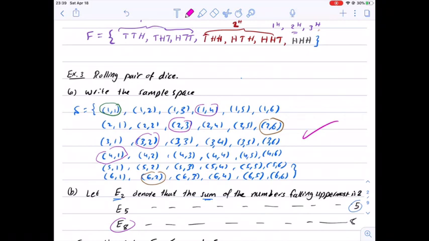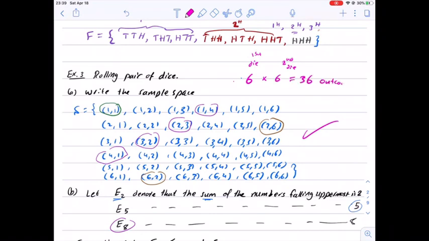There are 36, because if you remember from the mathematical counting principle, the first step or task can occur in 6 ways, because we roll the first die, and then we roll the second die.